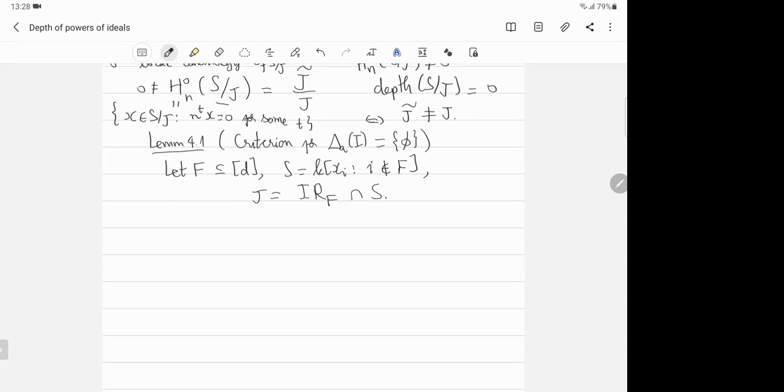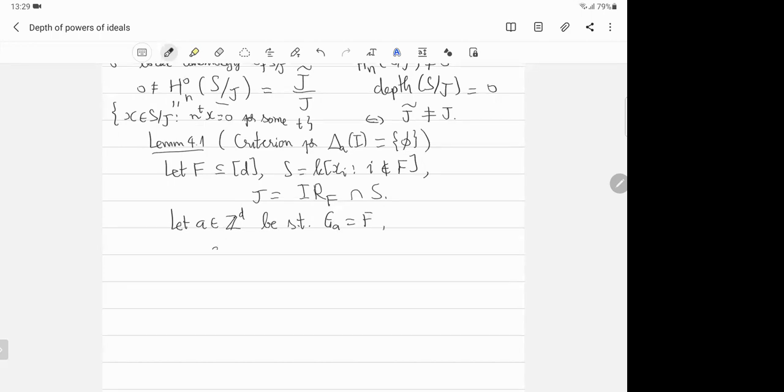From I you get another monomial ideal J like this. Now let A in Z^D be any vector such that the negative support of it is exactly F.